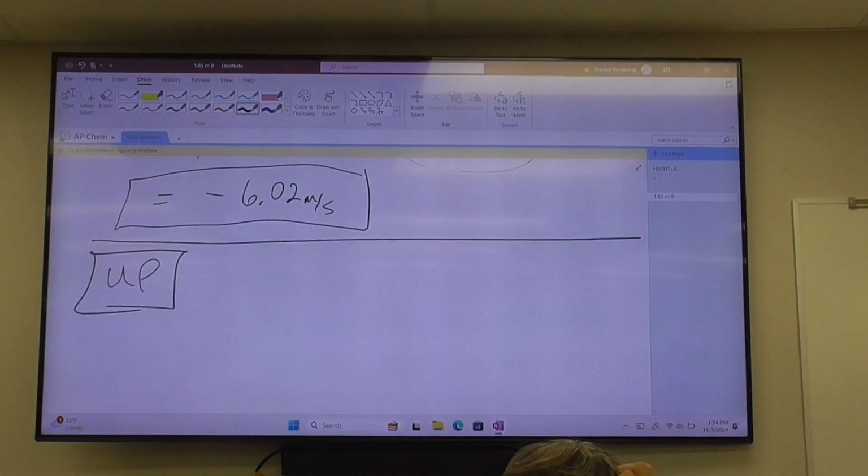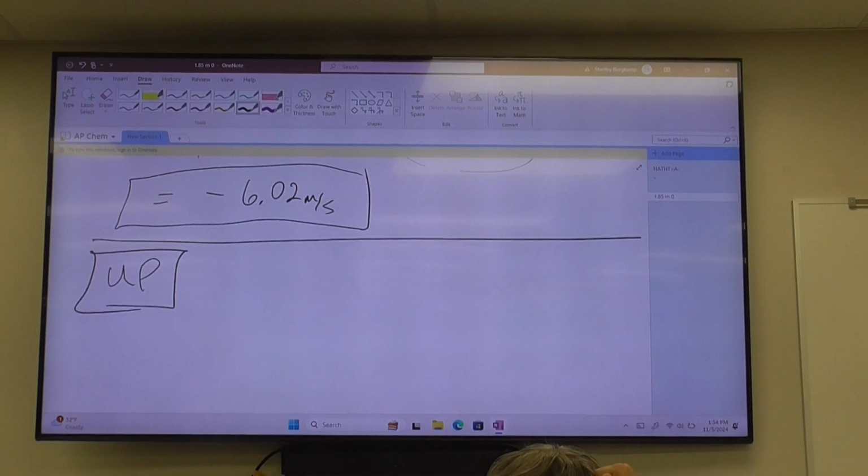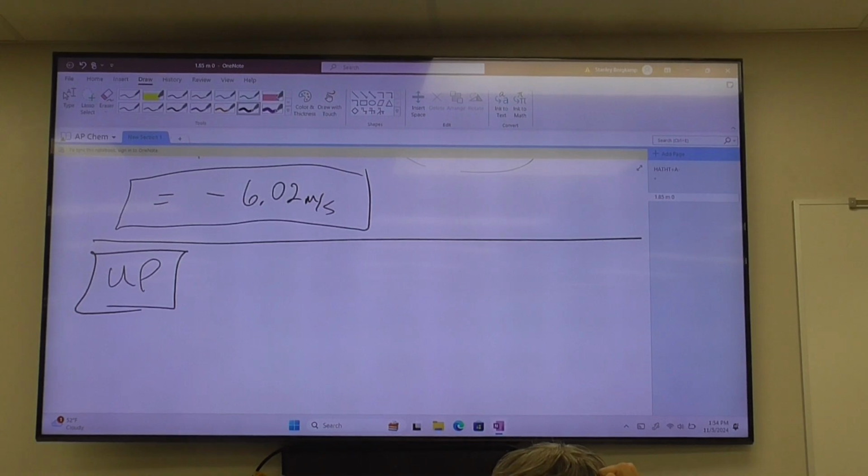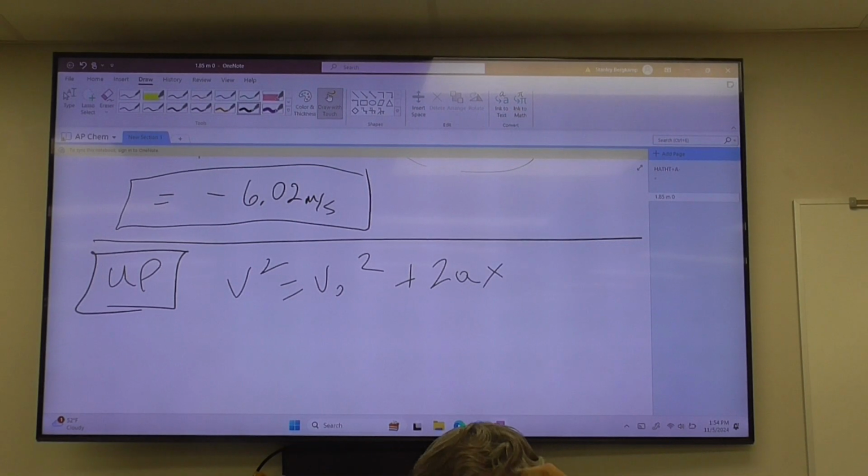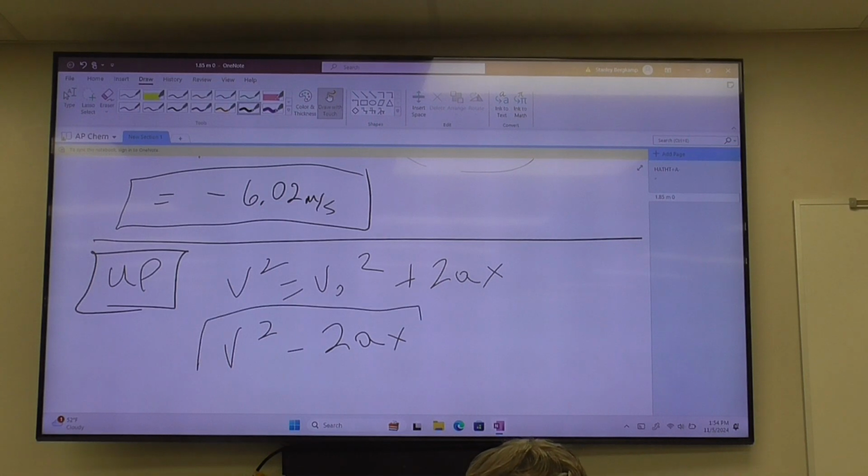So, we're going to start with the equation that says V squared equals V naught squared plus 2AX. So, I need that solved for V naught. So that's going to be V squared minus 2AX, and the square root of that is going to equal V naught.